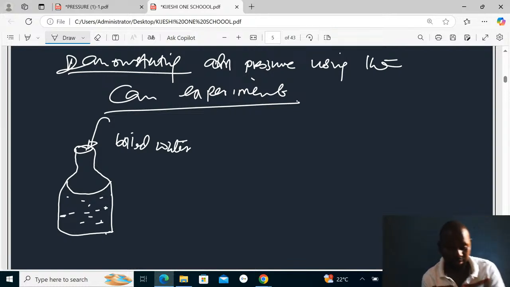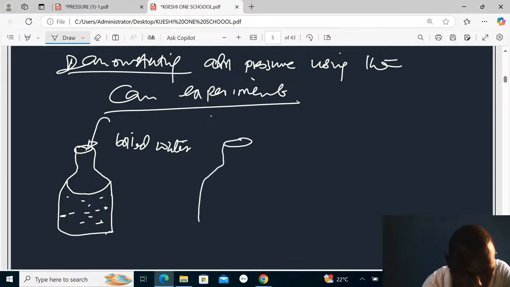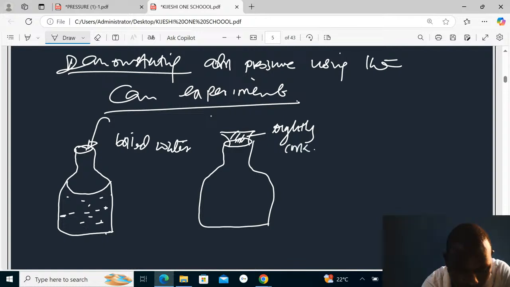After filling the water, you cork it tightly. Then after this, you pour cold water.